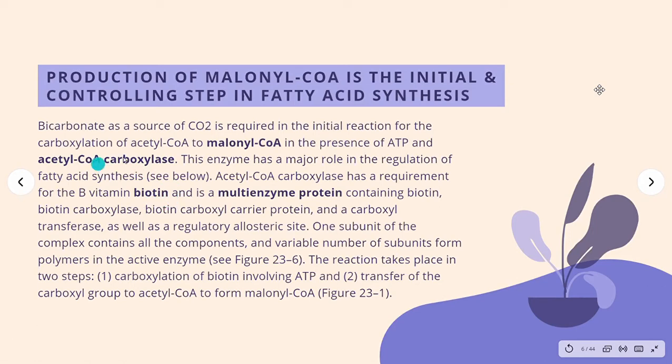And this enzyme is also a multi-enzyme complex containing biotin carboxylase. So it has many enzymes, as we can show you in the figure later.